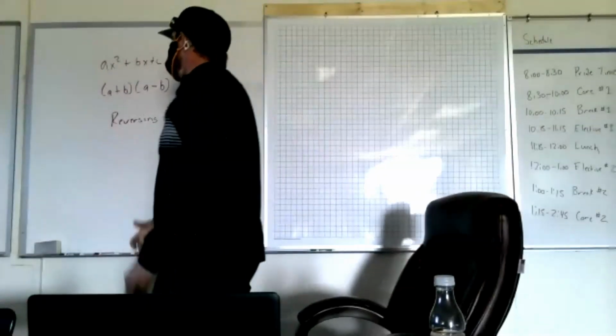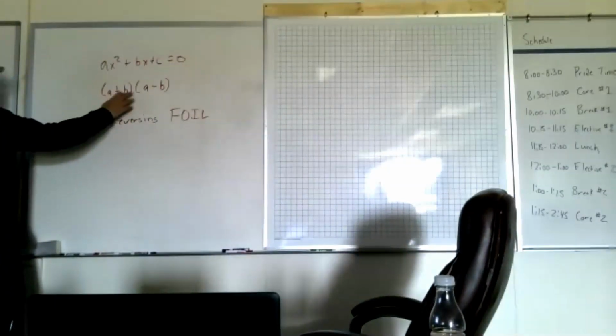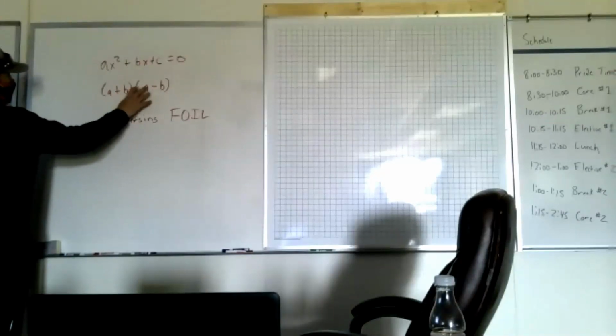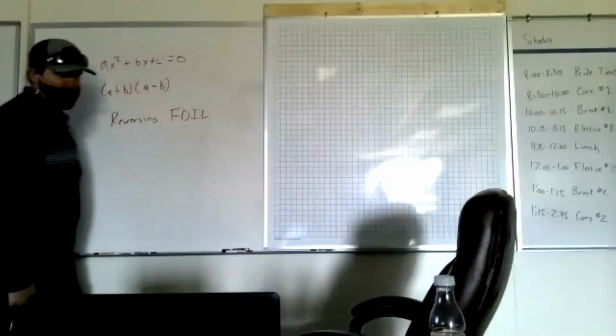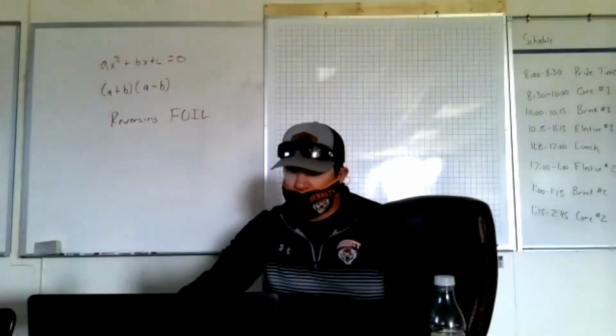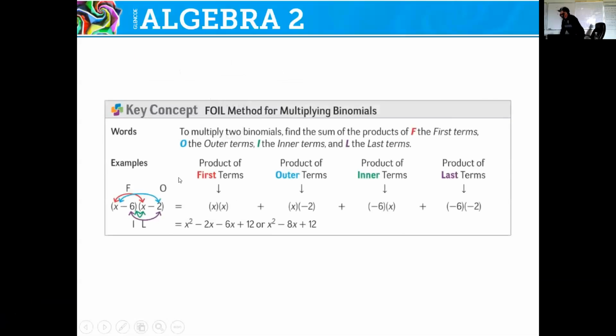Okay, and the FOIL method, your other vocabulary term, is taking the first terms, multiplying by each other, the outside terms, the inside terms, and the last terms, and multiplying them all together. There's a nice diagram of how FOIL works right here. It says to multiply two binomials, find the sum of products of the first terms, the outer terms, the inner terms, and the last terms.